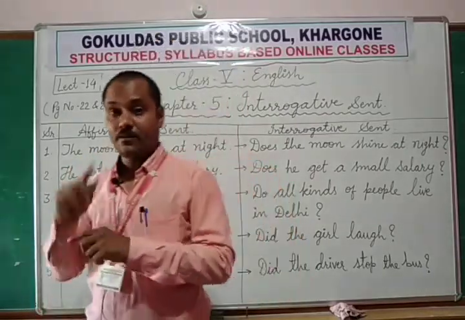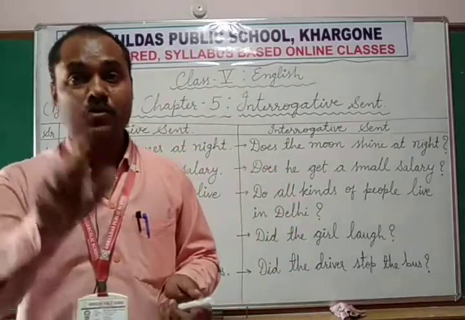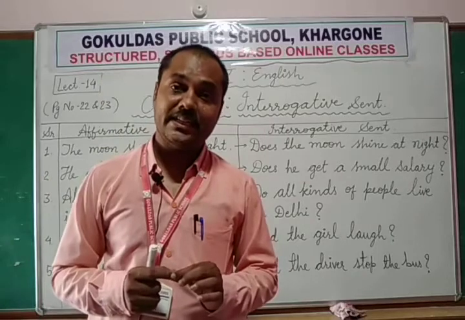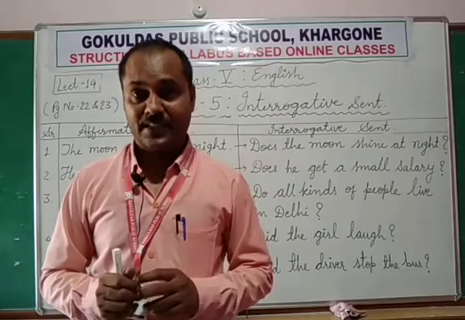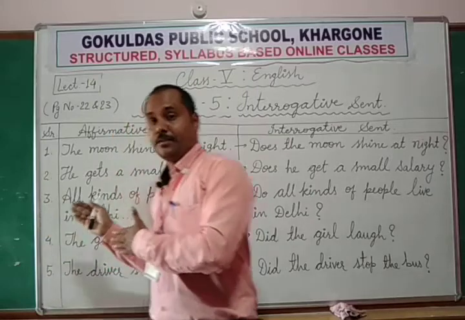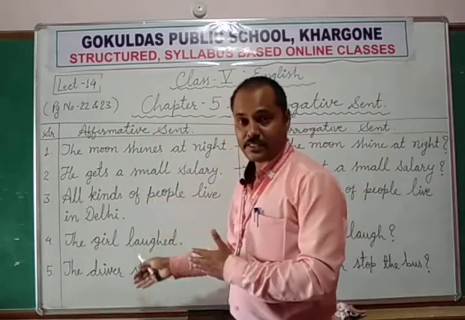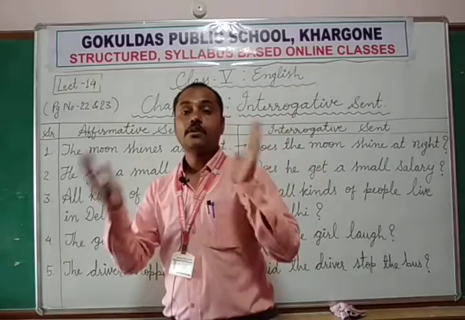In our previous negative sentences we learned about two tenses: simple present tense and simple past tense. So here also there are some affirmative sentences of present simple or past simple tense. Now how to convert these?